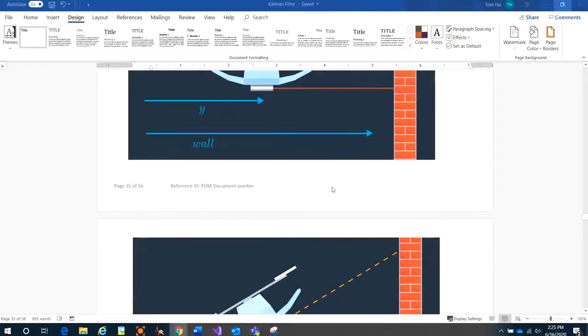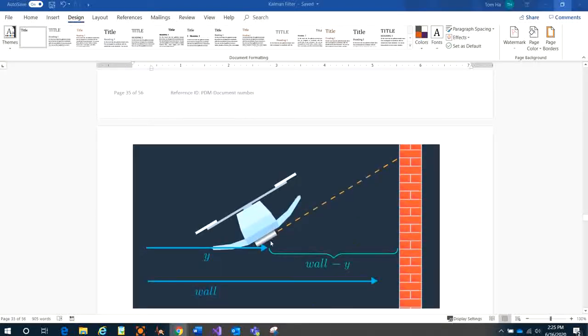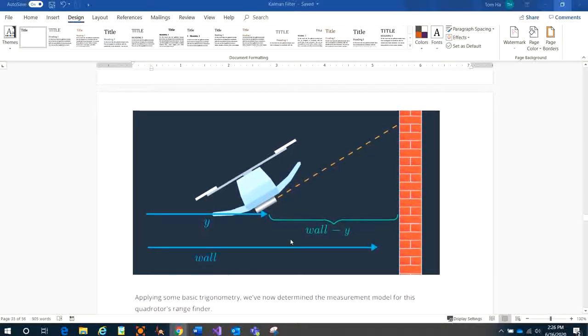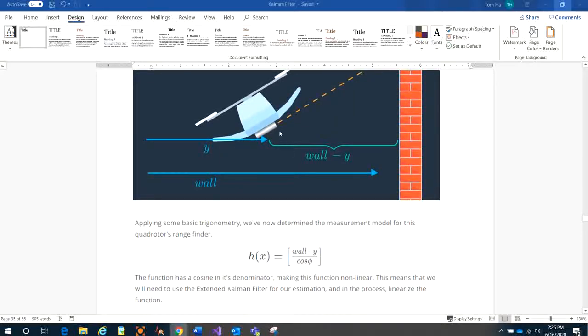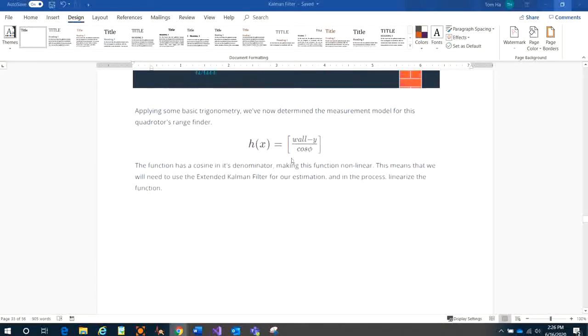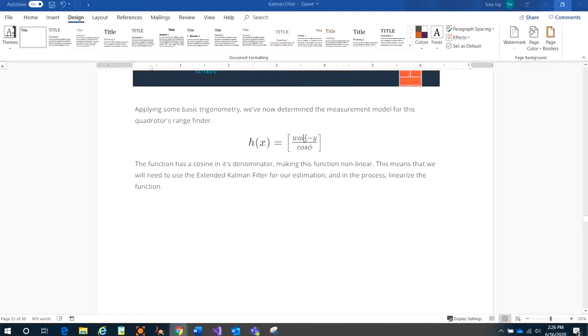We have to build up the measurement function. We can use the geometry math problem right here. We call the angle phi, and you can calculate the distance from the drone to the wall: the height of the wall minus the drone height, divided by cosine of phi, right? That's the measurement function.